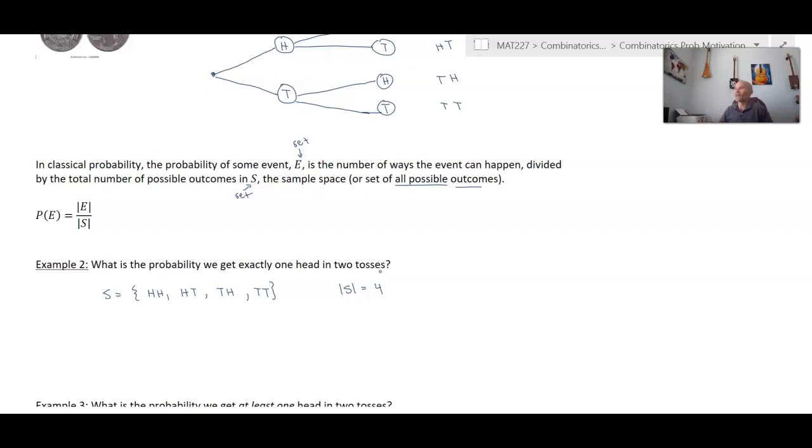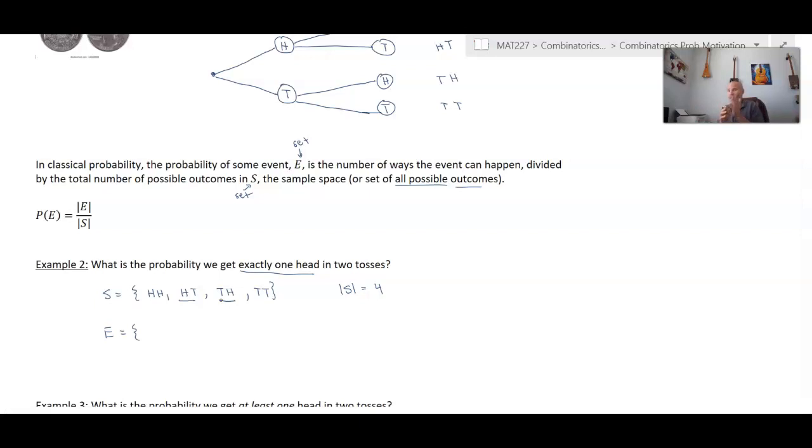Now, what's the event that we want? Well, we want to get exactly one head. So what I'll do is I'll look at my sample space and I'll only pick out the ones that represent the outcome that I want. Exactly one head means not 2 heads, it means one head. Well, we see that that's here and here. I get exactly one head. Remember, these are 2 distinct outcomes.